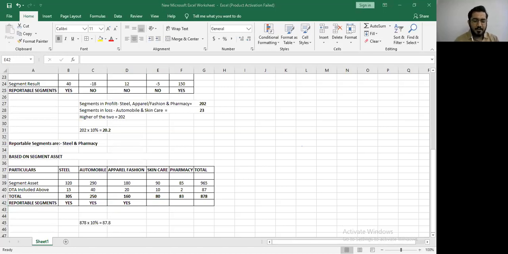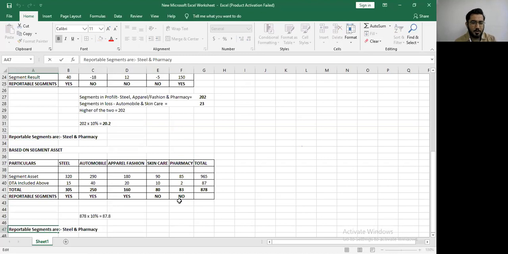What about skincare? No, you have 87.8. However, your total is only 80, so it does not meet the 10% criteria. No disclosures required. Finally, what about pharmacy? Again, no disclosures required because it does not satisfy the 10% criteria.